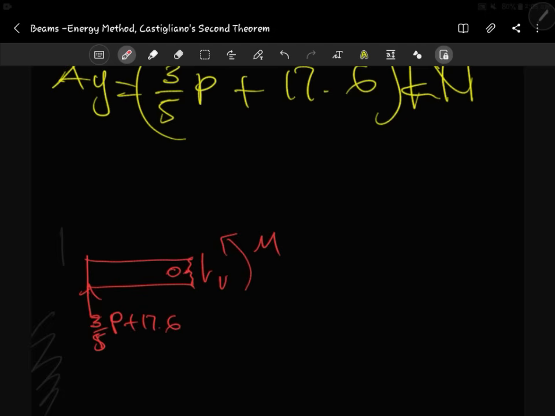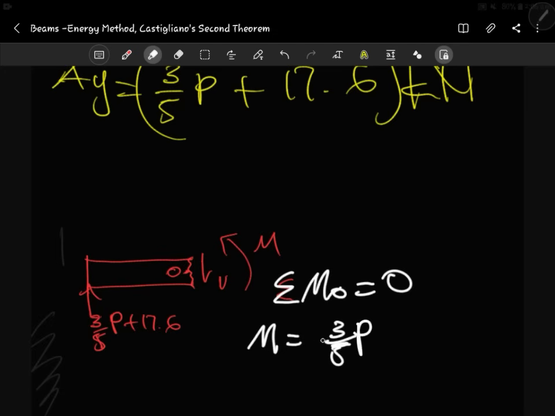This is the only thing. Okay, so now that we have this, the moment over the point O is 0, right.